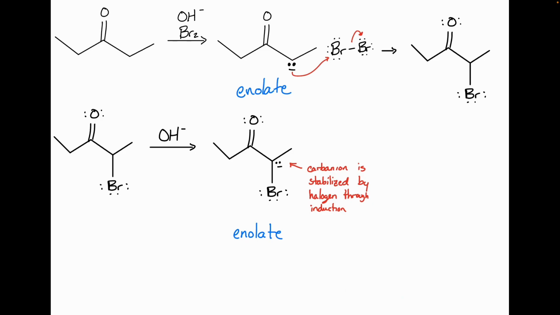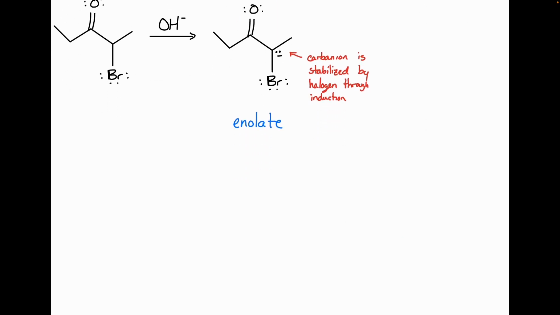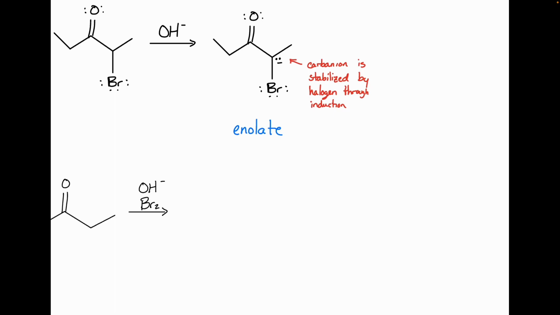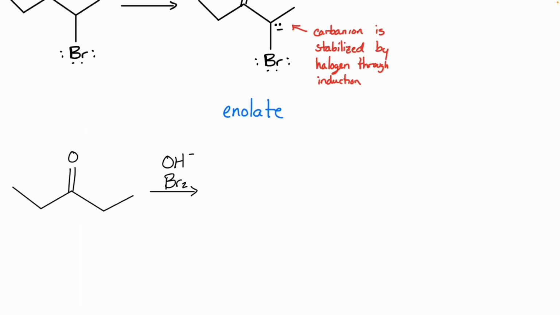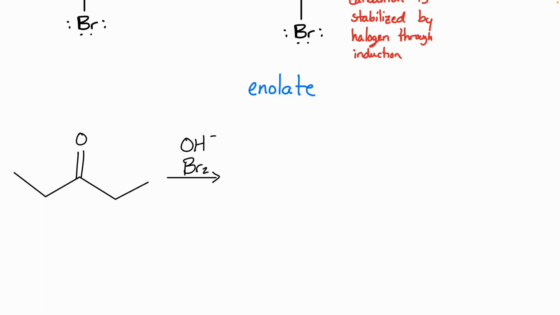So the bottom line is you don't just get one bromination event, you will get every single one of your alpha hydrogens replaced by bromines. Under basic conditions, this bromination reaction is just going to keep going and going until every alpha hydrogen has been replaced by a bromine.